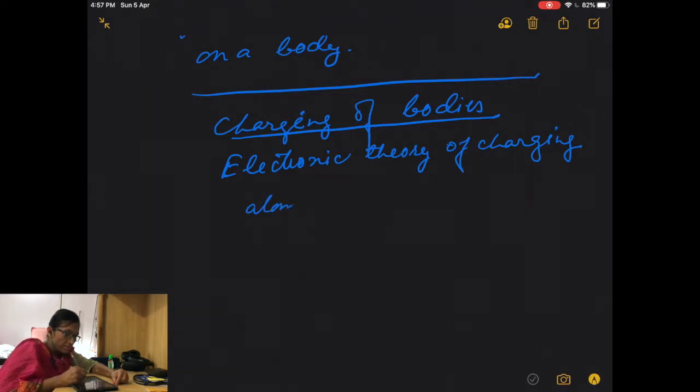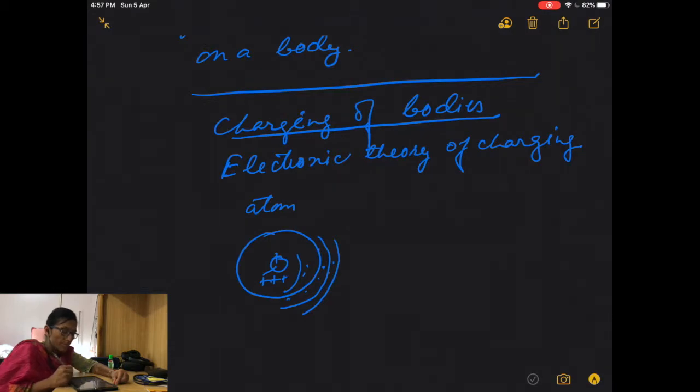In an atom, all the positive charges are in the nucleus. And electrons revolve around the nucleus in different shells. The positively charged central portion is called the nucleus, and in the outer shells, electrons revolve.